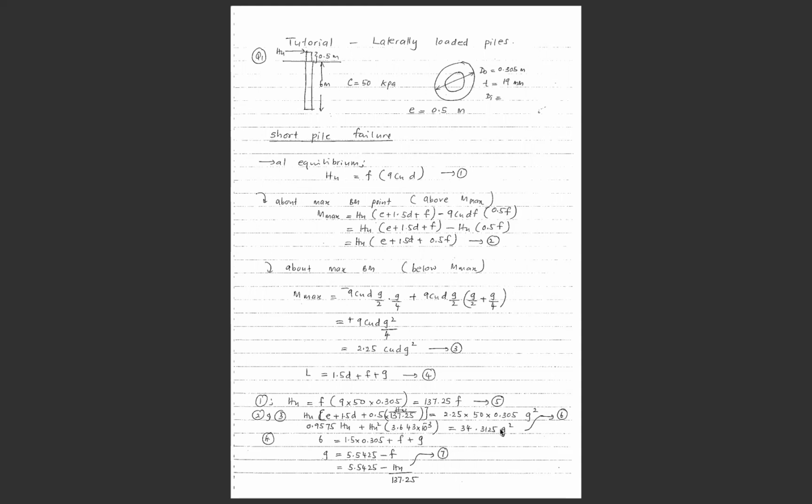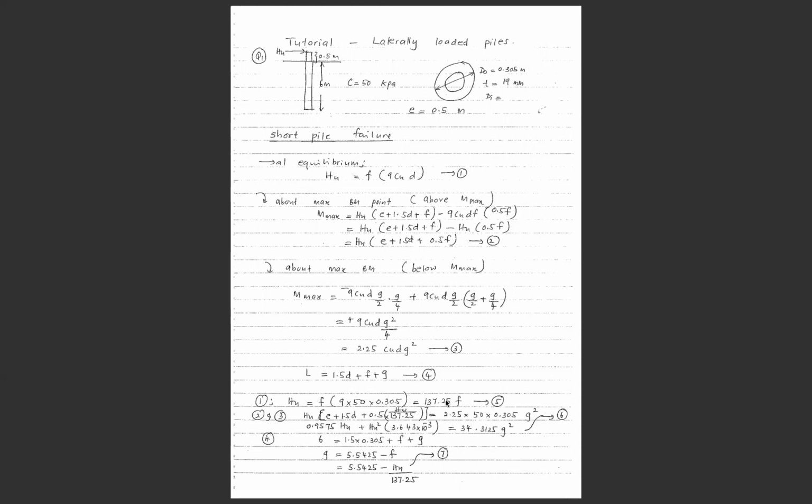Now we work with equation number 4. L is given as 6 meters, which is equivalent to 1.5 D plus F plus G. We substitute the value of D as 0.305 and the value of F from equation number 5 as HU divided by 137.25.